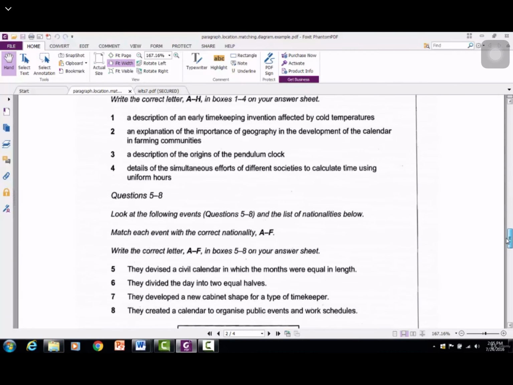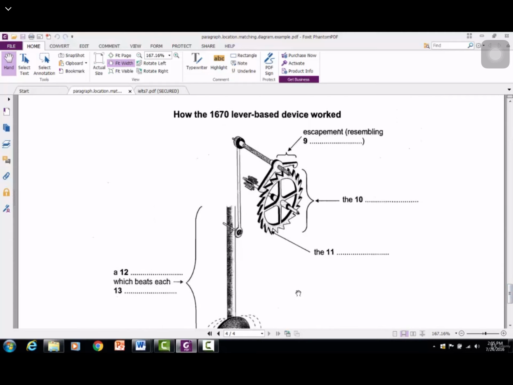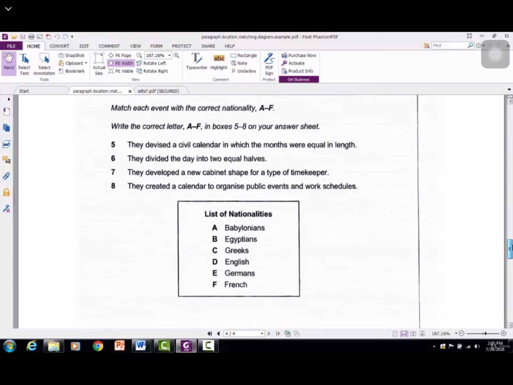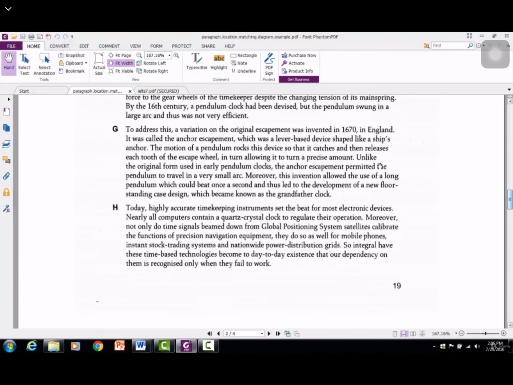And then afterwards, we would go down and do the diagram question. We know this information is in this paragraph that has 1670. But when we look at this paragraph, there's nothing in here about geography or farming. I'm looking at paragraph G now.